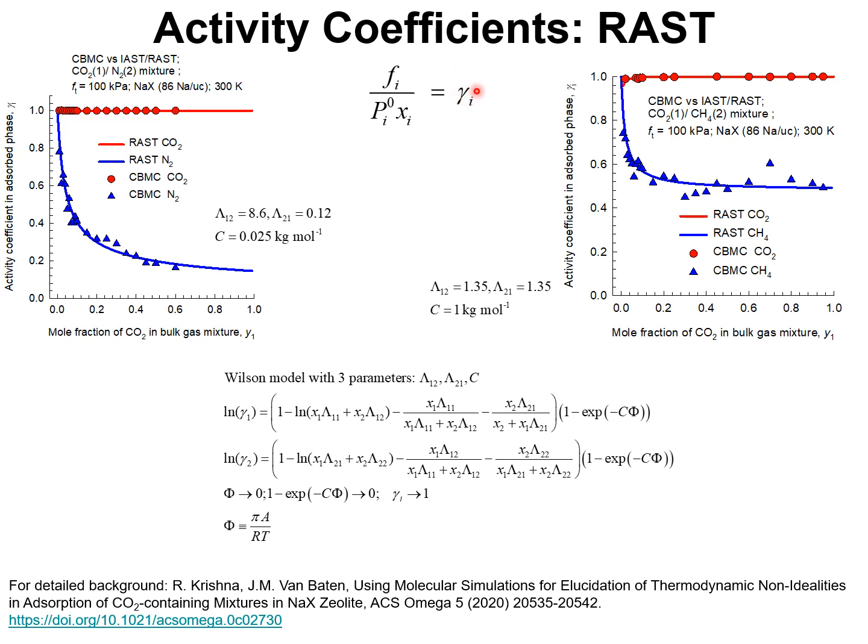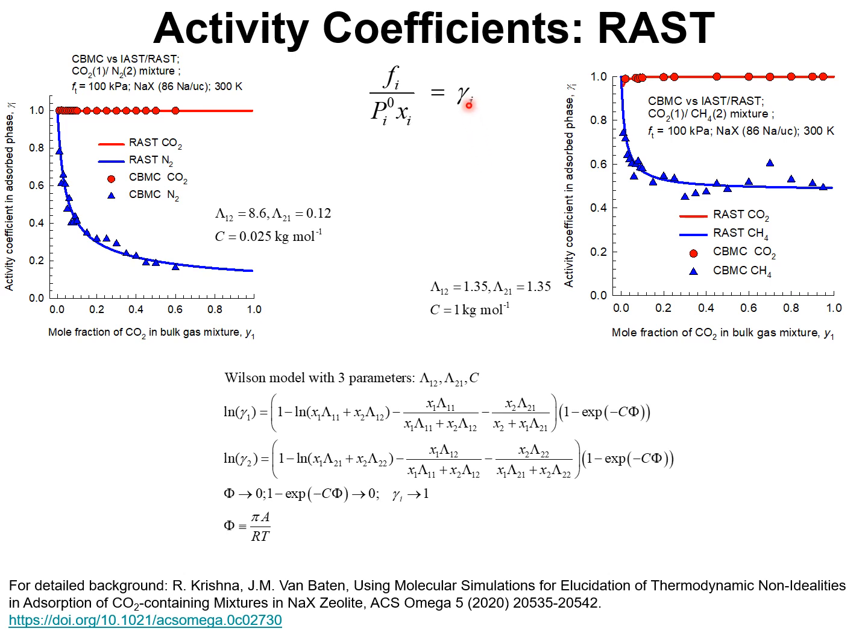The activity coefficient for species i is the partial fugacity of species i in the bulk fluid phase divided by the adsorption pressure of that species multiplied by the mole fraction of that species in the adsorbed phase. All these three quantities may be determined from the CBMC simulations, allowing the calculation of the activity coefficients.